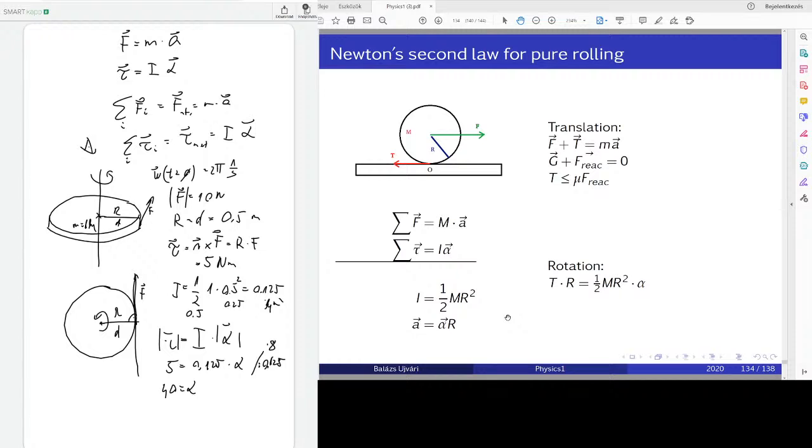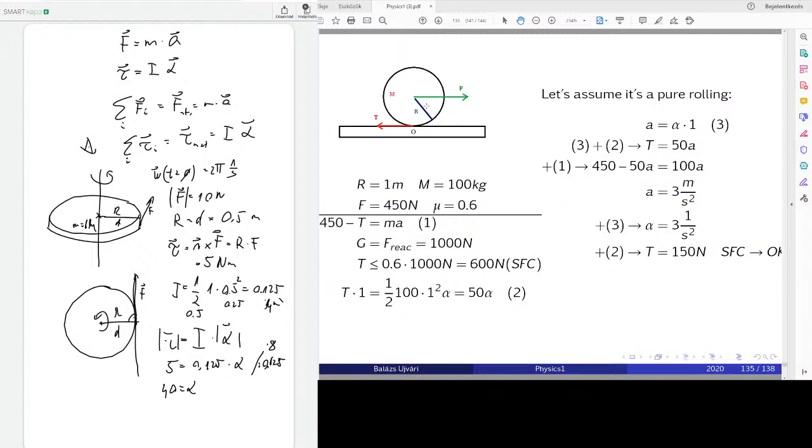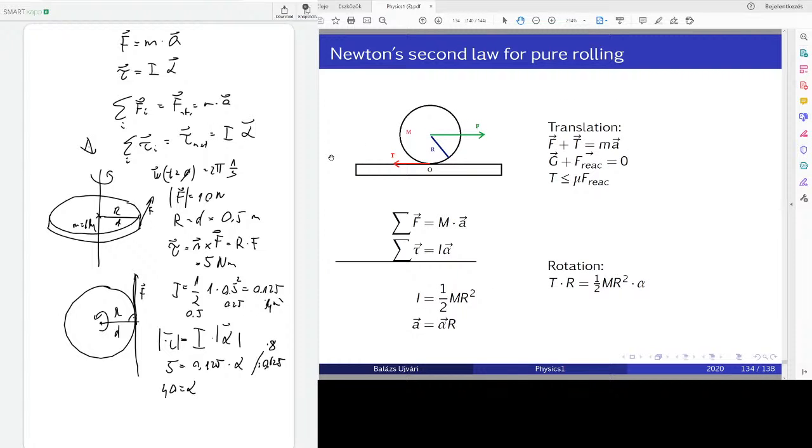So pure rolling is nothing else, just moving a cylinder on a flat surface, but there is friction, and we move this body by a force that goes through the axis of the rotation.